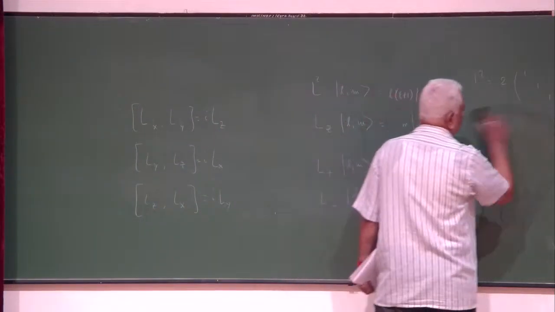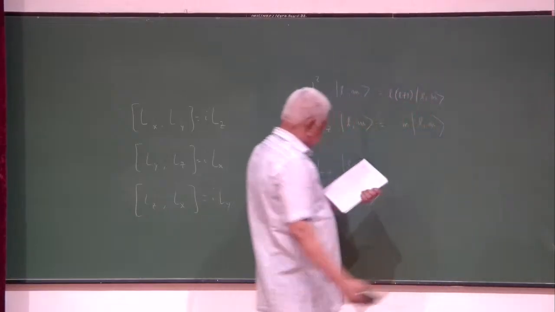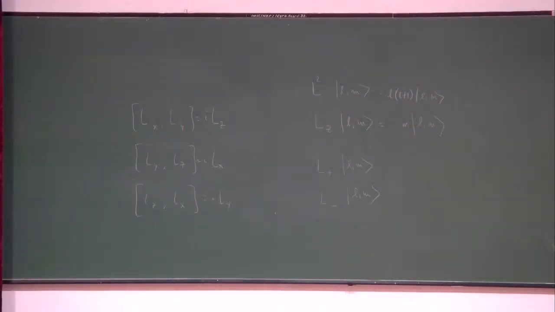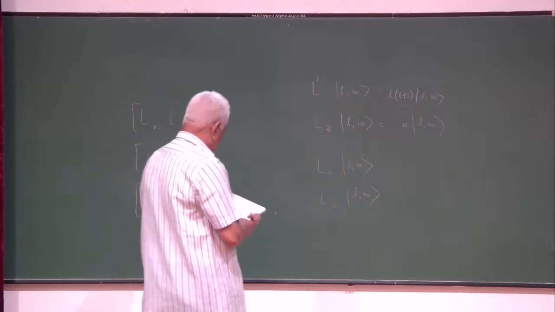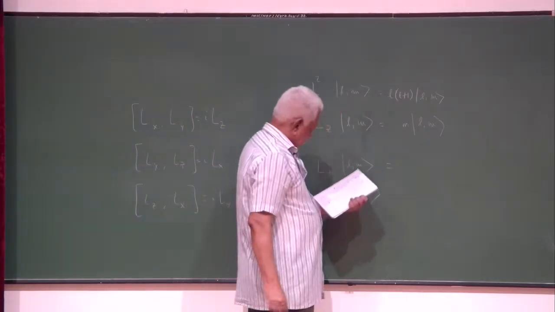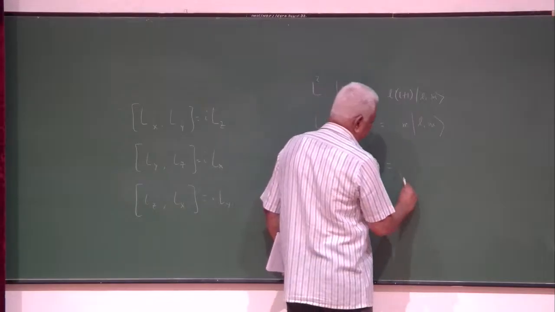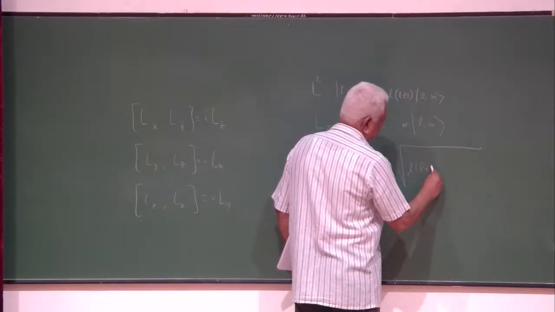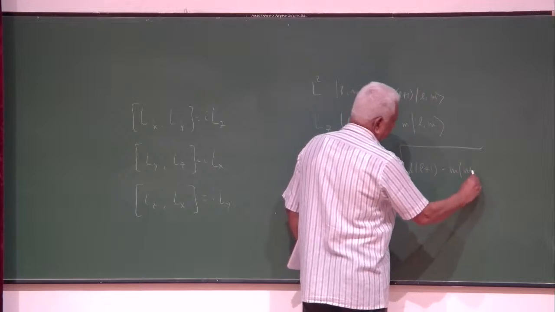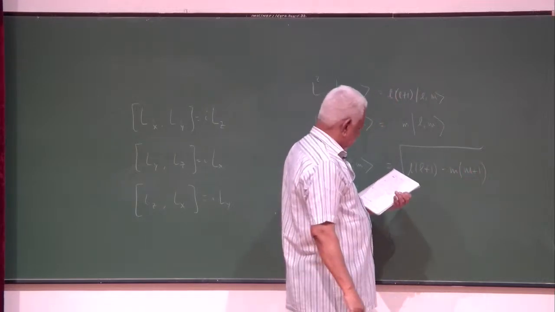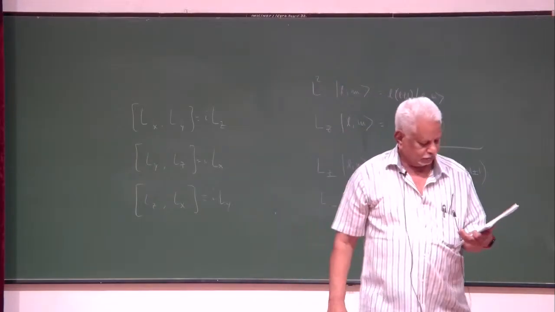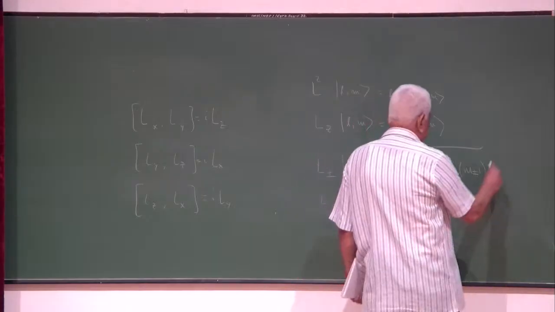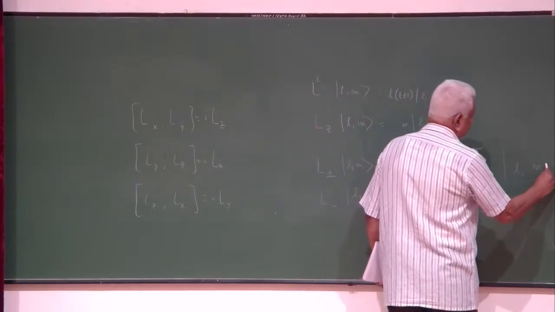For any L, the answer is the following: the square root of L into (L plus 1) minus m into (m plus or minus 1). Plus or minus here, that is it. The state is not an eigenstate, so I should get m plus or minus 1 here.